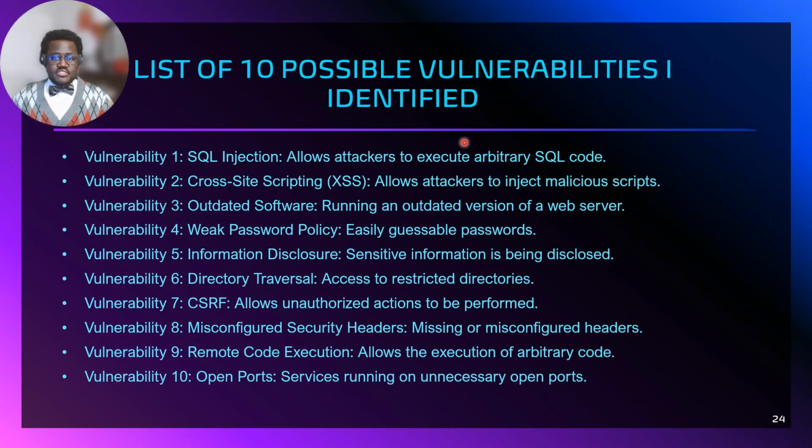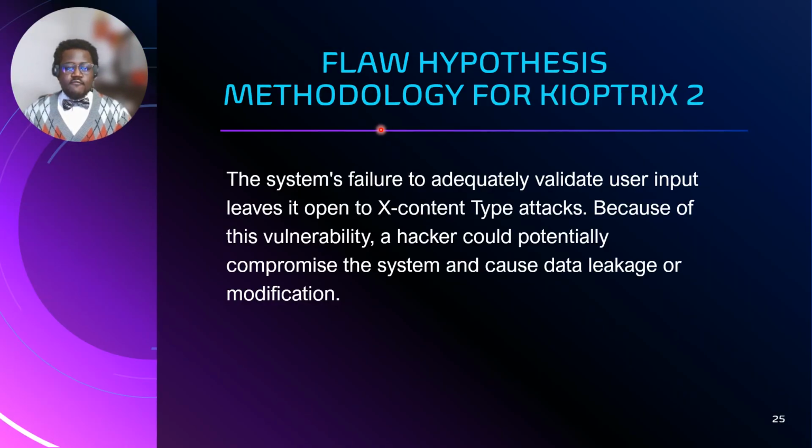So I was able to list 10 possible vulnerabilities. I identified SQL injection, XSS, which is cross-site scripting, outdated software, weak password policy, information disclosure, directory traversal, CSRF, and misconfigured security headers. From there, I went to my flaw hypothesis methodology for key objectives: the system's failure to adequately validate users' input.